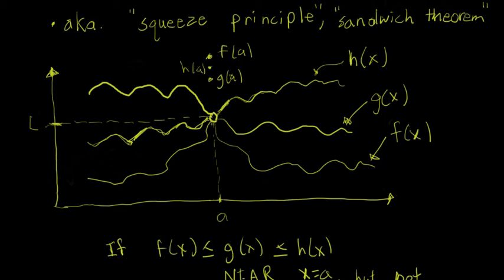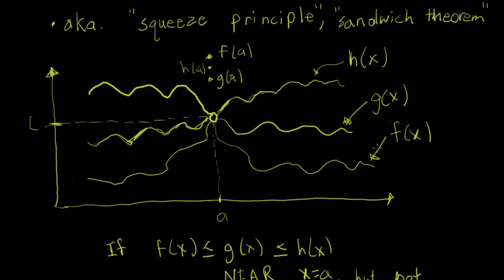And actually the functions here don't even have to be defined at x equals a. So f of x, g of x, or h of x, or perhaps all of them, could potentially be undefined at x equals a, but as long as near x equals a, f of x is less than or equal to g of x, which is in turn less than or equal to h of x, and that's another way of saying g of x is between f of x and h of x.